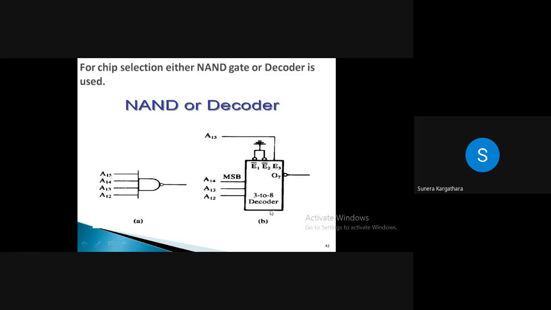So for the chip selection between memory and microprocessor, you can use these two logics: one is through a decoder and another is through a NAND gate. Just consider that in your mobile device you are using a processor, you have connected RAM, ROM, an input device and an output device.